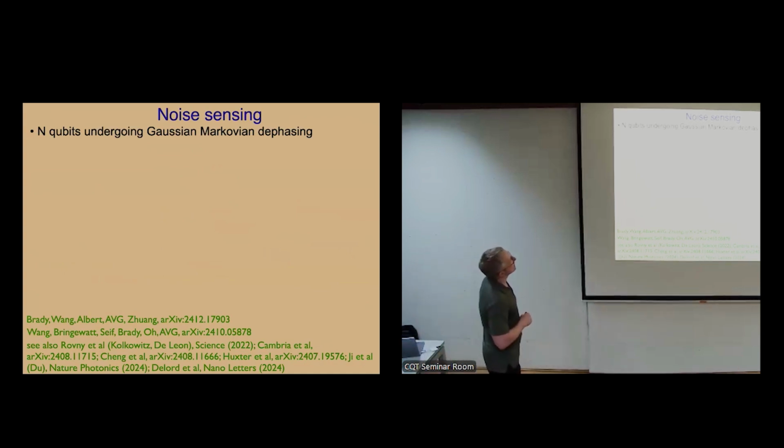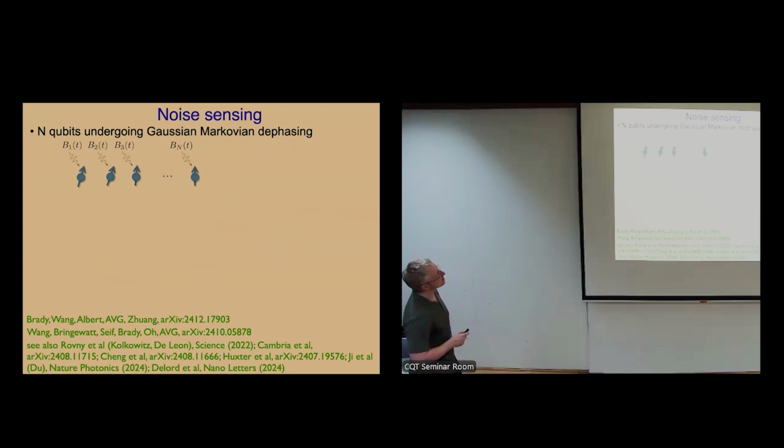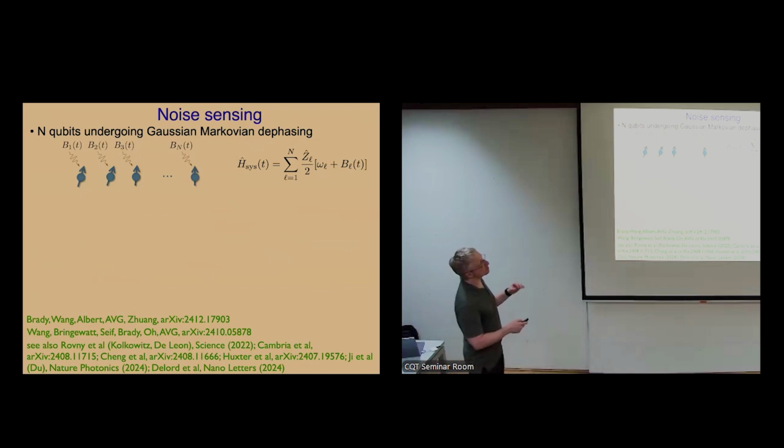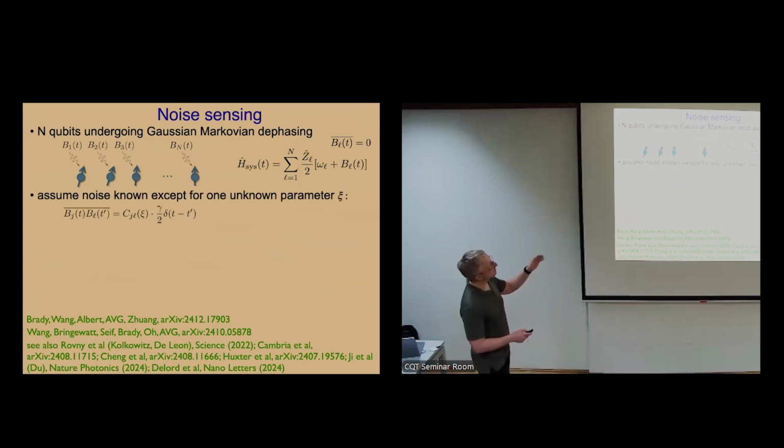So let's talk about noise sensing. Suppose we have m qubits undergoing Gaussian Markovian dephasing. What I mean by this: I have m qubits. Each qubit is subject to a fluctuating magnetic field, which I write like this. Each qubit has its own frequency, which I will drop later, and also a fluctuating magnetic field. I assume that each field is on average 0, but it's fluctuating, and the fluctuations are Gaussian and Markovian.